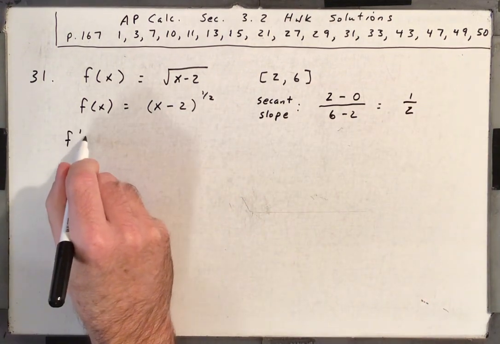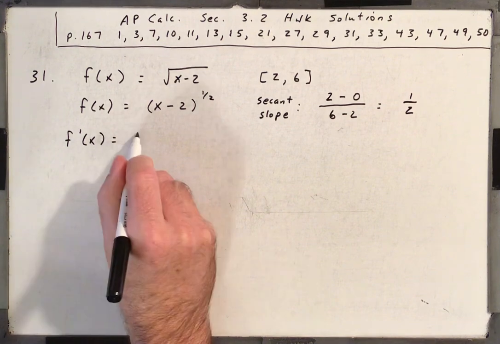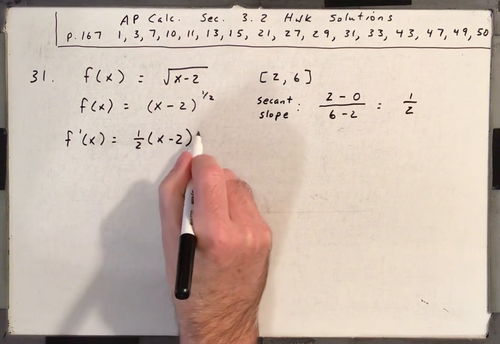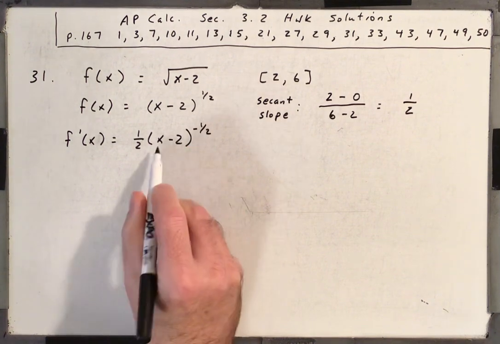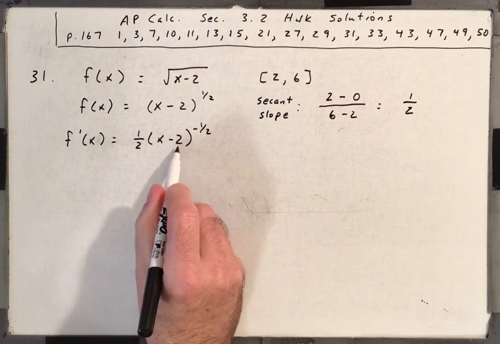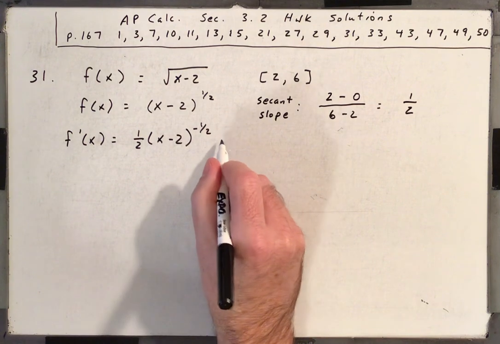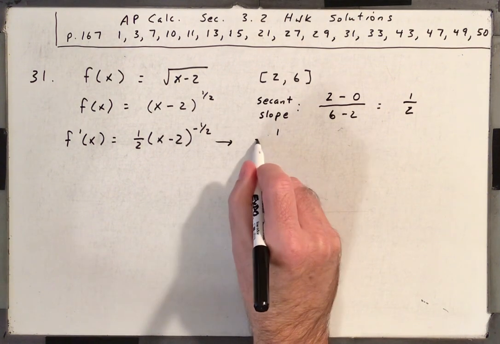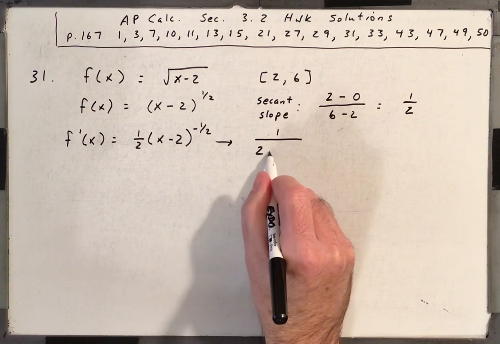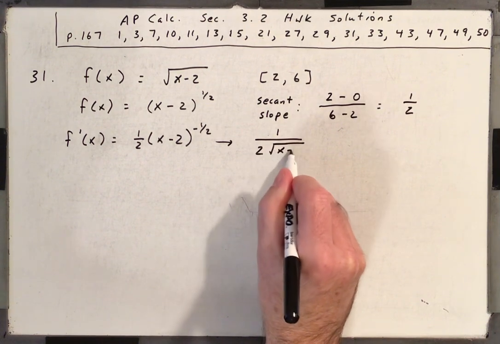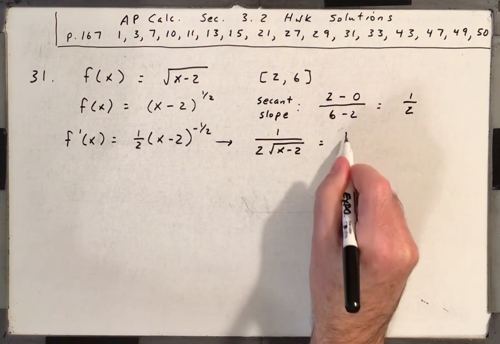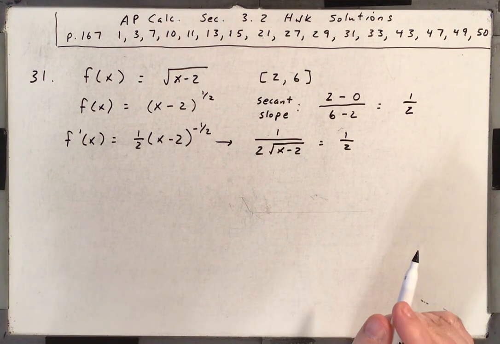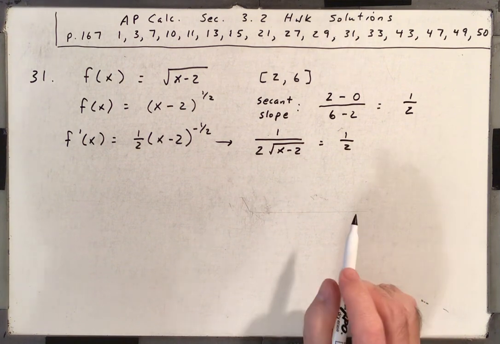So f prime of x is 1/2 times x minus 2 to the minus 1/2 times the derivative of x minus 2, which is just 1. So I'm going to rewrite that as 1 over 2 times the square root of x minus 2 is equal to 1/2.